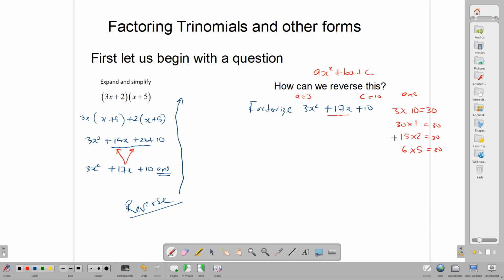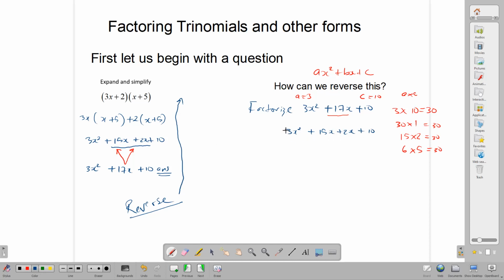Only one pair of factors will work, and so the only pair that works is 15 and 2. So we are going to rewrite this 17x using 15 and 2, which means we are going to write 3x squared plus 15x plus 2x plus 10.